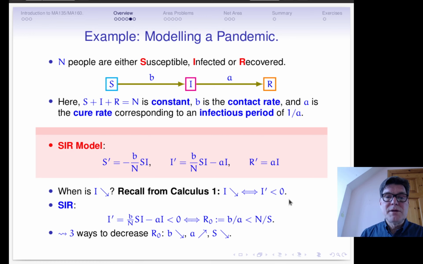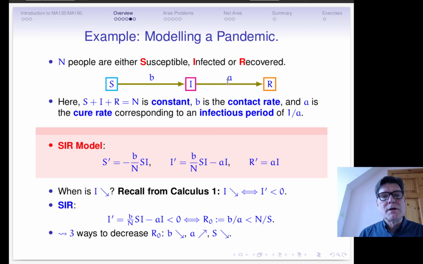If we make A bigger, the inequality becomes more likely to be satisfied. Or one could try and decrease the S number. In practical terms, the first means that the contact rate should be decreased. That's social distancing and reducing your contacts.